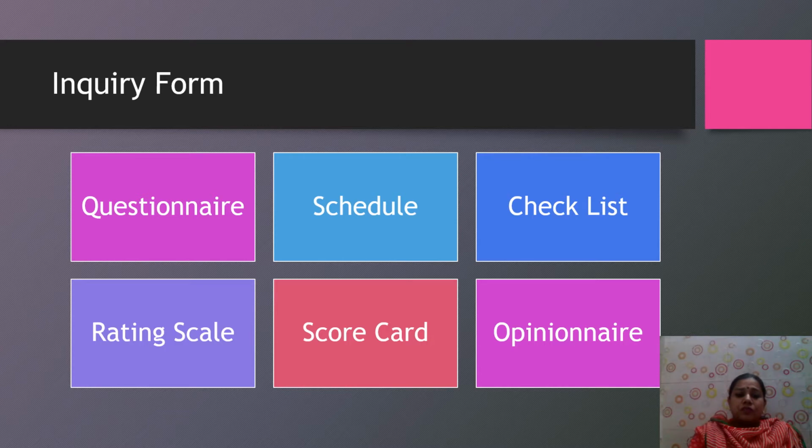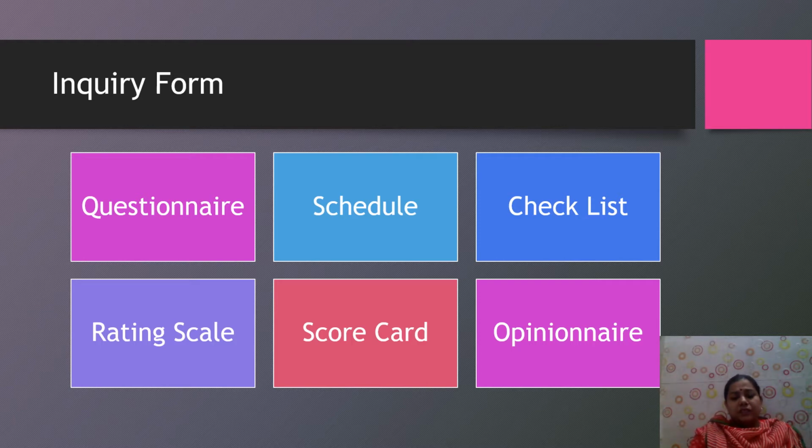The first and the foremost part of collecting the data in any research, the tool used is an inquiry form. An inquiry form is a form, it can be of any type, and there are various methods through which we can collect these inquiries. Like first, the questionnaire. Questionnaire is a set of question and answer form in which the respondent himself fills the answers. Second is the schedule.